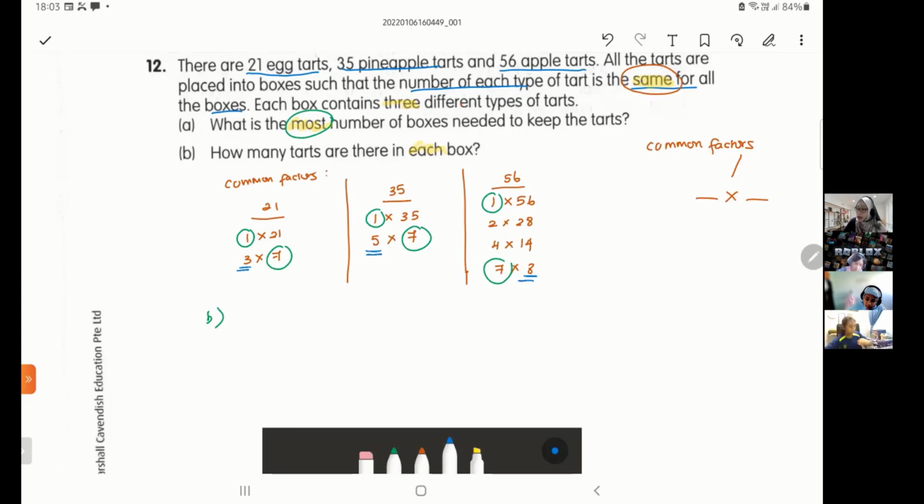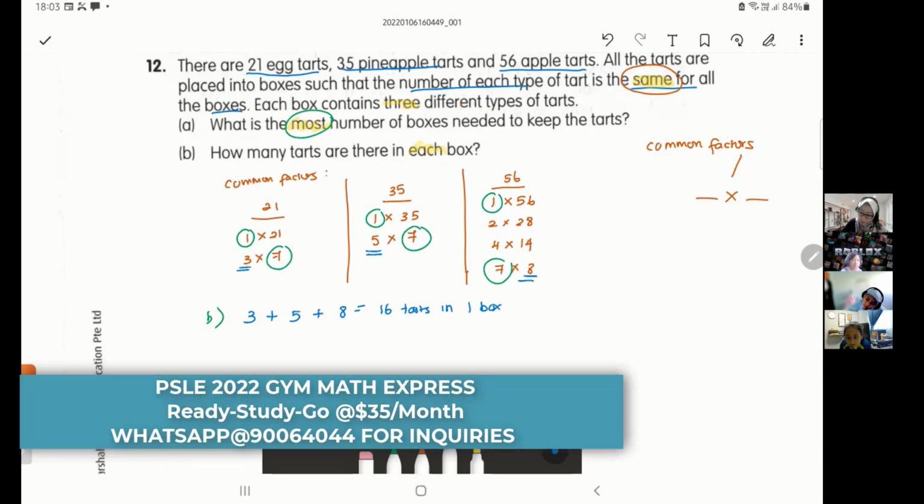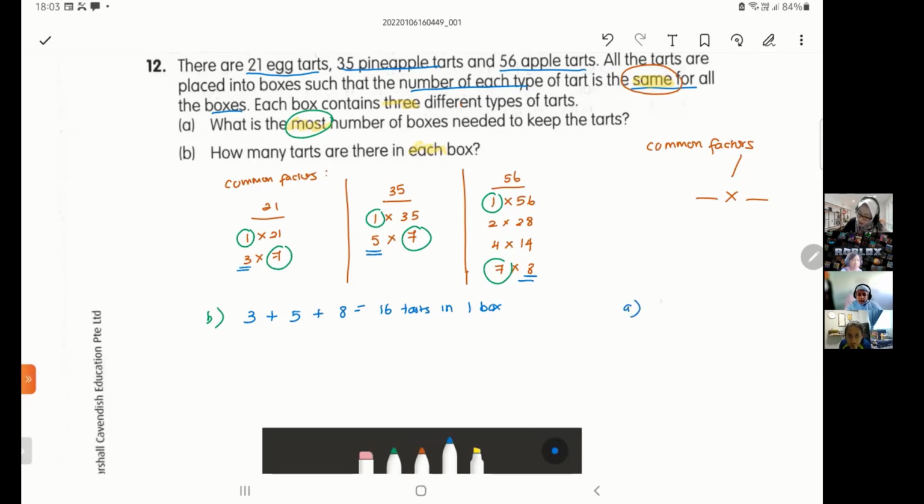So to get the answer for part B, you simply take whatever you underline and add together. 3 plus 5 plus 8 equals to 16 tarts in one box. That's your answer for part B. So part A is 7 and part B is 16. This is your answer. All right?